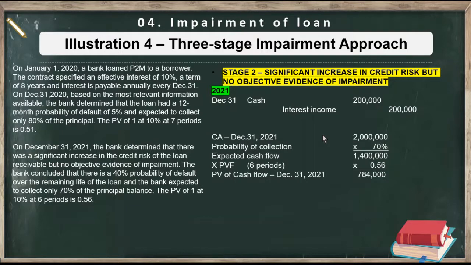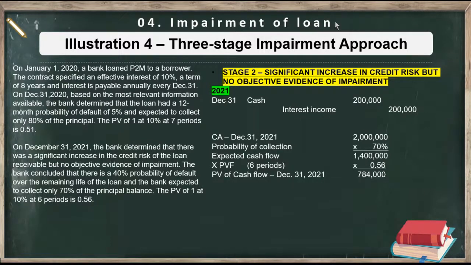We start with the carrying amount niya on December 31, which is, this is at face amount good. That's 2 million. Then probability of collection is 70%. And then the expected cash flow would be 1,400,000 and multiply it by the present value factor for the 6 periods. That's 0.56.